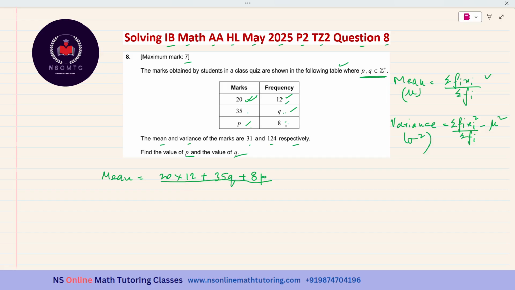So 12 plus 8 is 20, 20 plus q. This is given to be equal to 31. And this may be numbered as equation number 1.